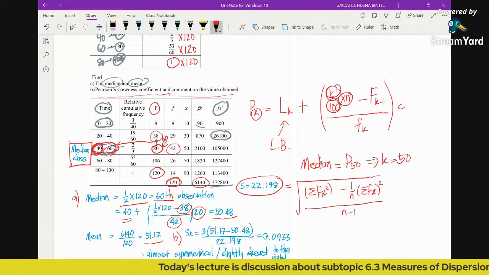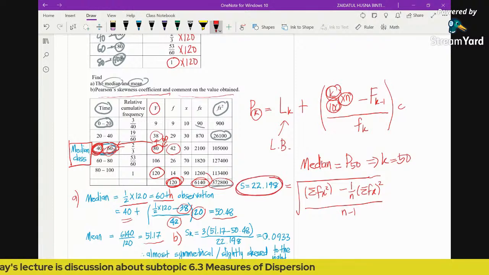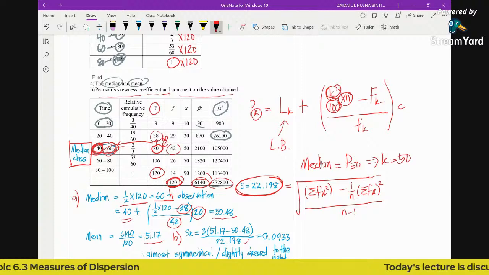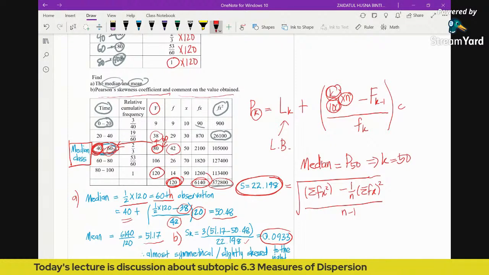Substituting all these values into the formula will give us this standard deviation value. Then we substitute into the formula of Pearson's coefficient of skewness, and you will notice that the value is 0.0933. Again, we give the value correct to 3 significant figures.